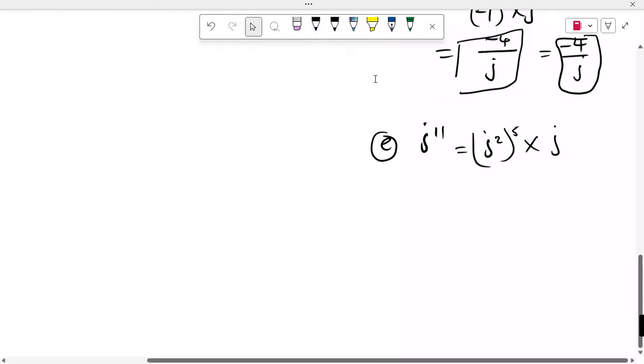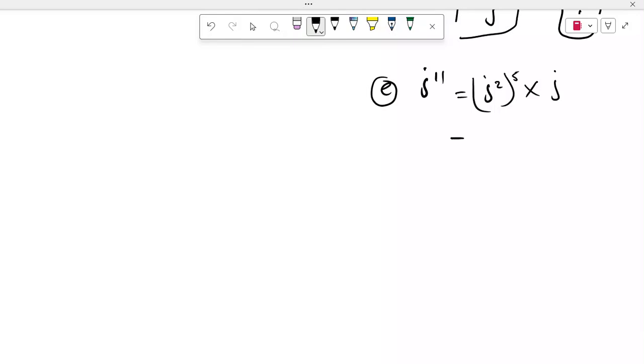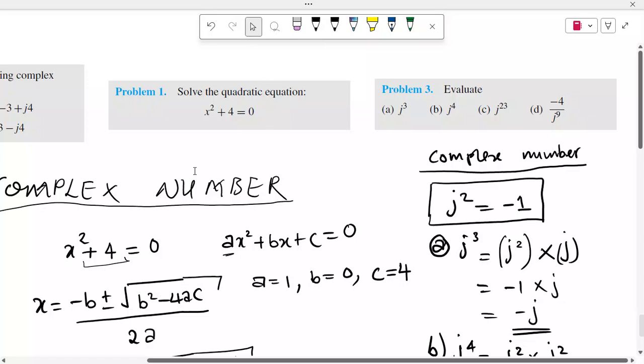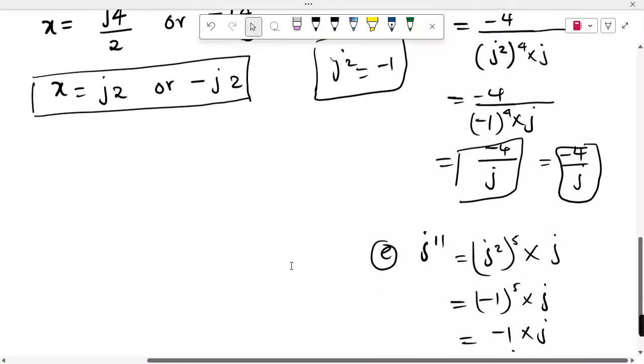Just like that, simple. So it will be -1 to the power 5 multiplied by j. This is not even, so this is -1 multiplied by j. So you have -j as your answer. Simple. So that's about this part 1 and problem 3.